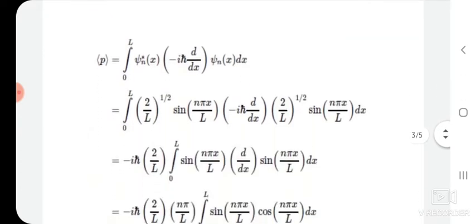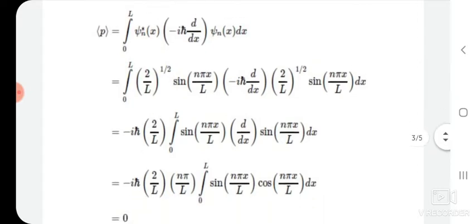Now next, why momentum is quantized, or the expectation value of momentum, that we have to find out. The expectation value of p is equal to integration 0 to L, because our particle lies along the x axis within the limit 0 to L only, of psi star p psi dx.